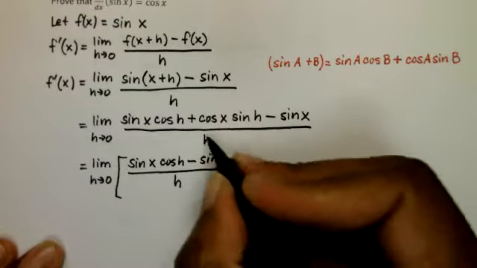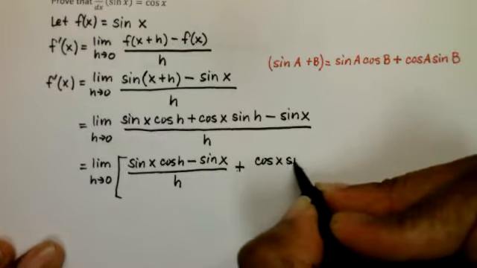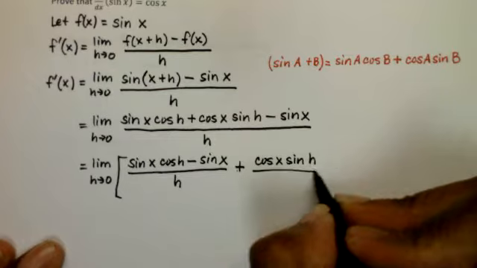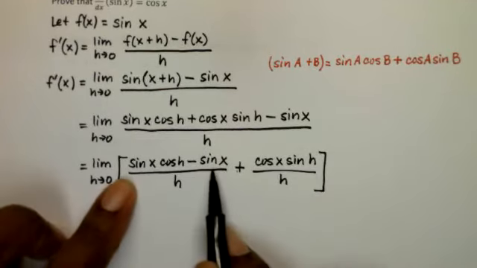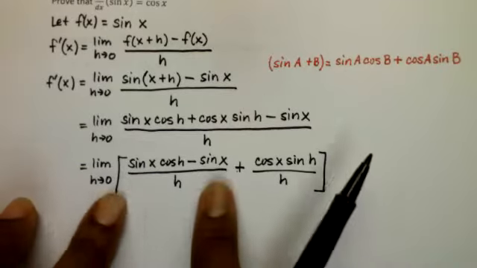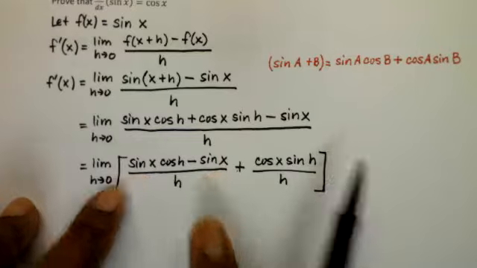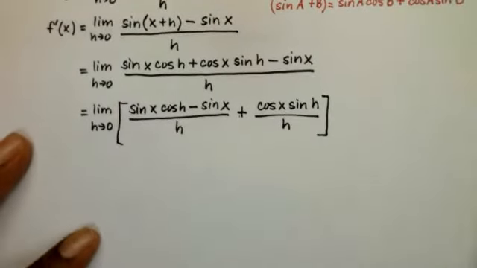And then this will be plus the cosine of x, sine h, all divided by h. Here I'm grouping terms that have the sine of x in them, because you're going to see what's going to happen here is I'm going to take out the sine of x because that's the common factor.